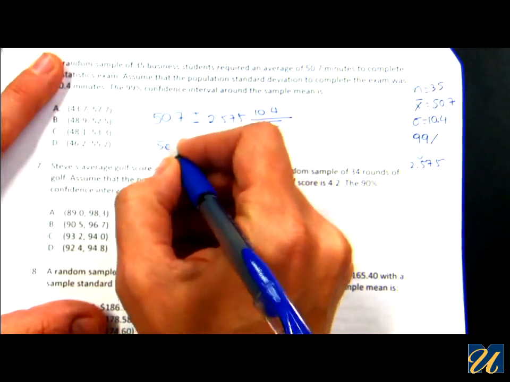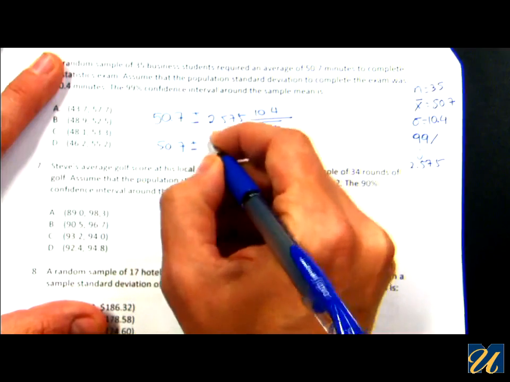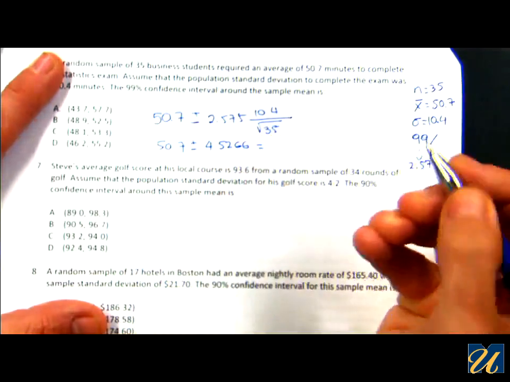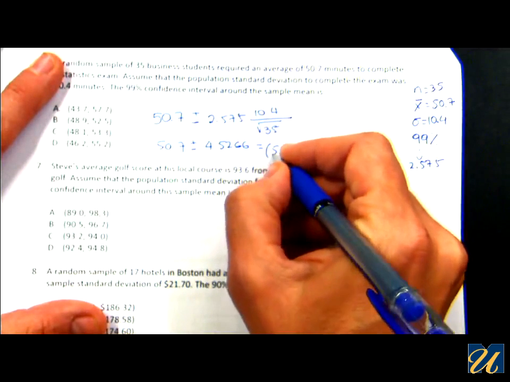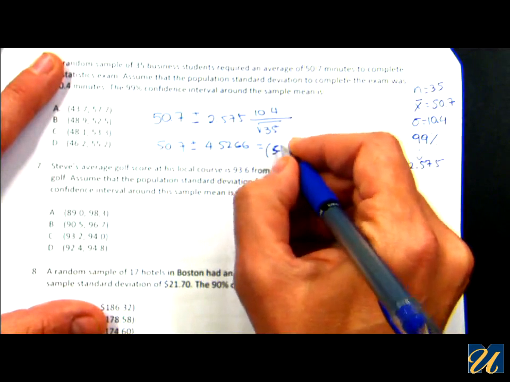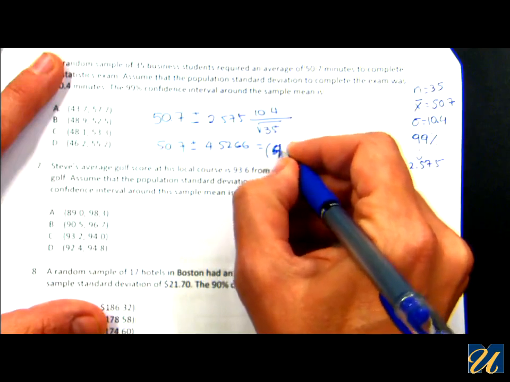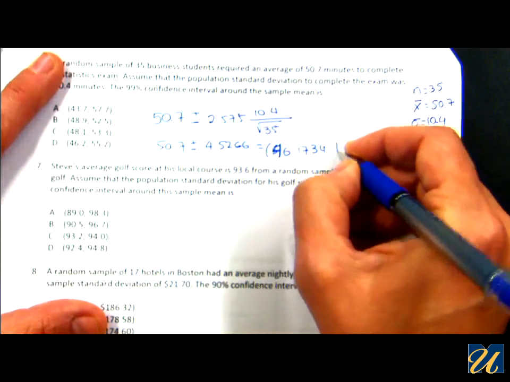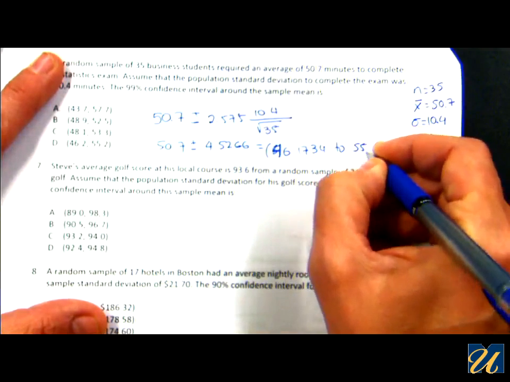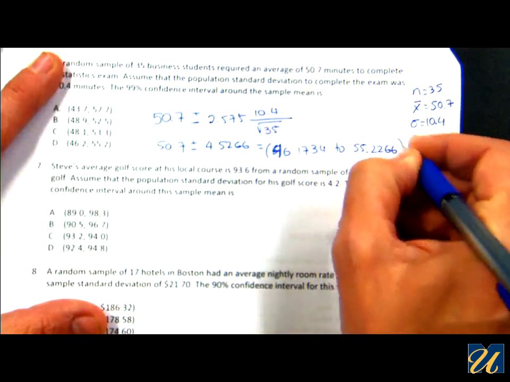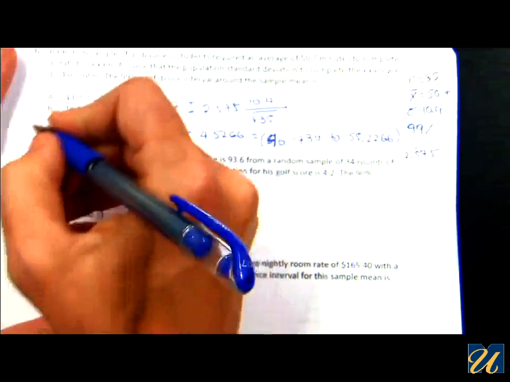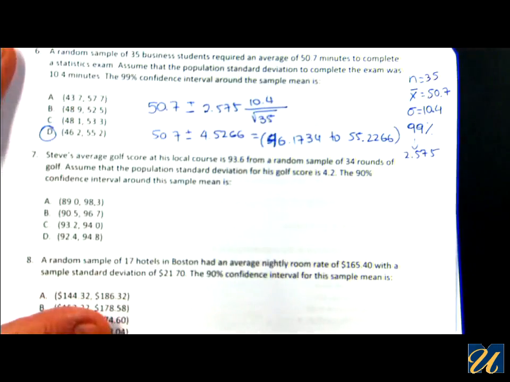So 50.7 plus minus 4.5266, this would be a confidence interval from, always present the lower limit first, 46.1734 to 55.2266. Your answers are rounded up to 1 decimal, therefore the correct answer will be D.